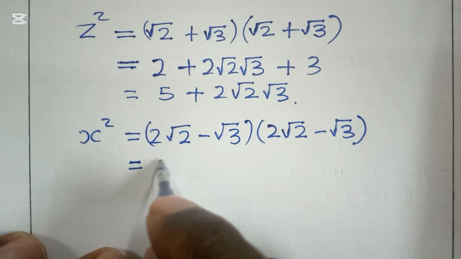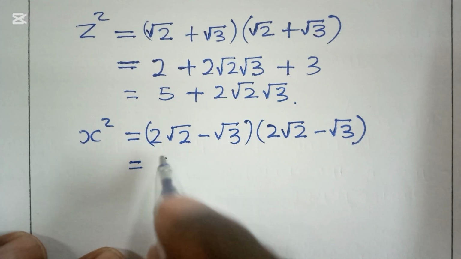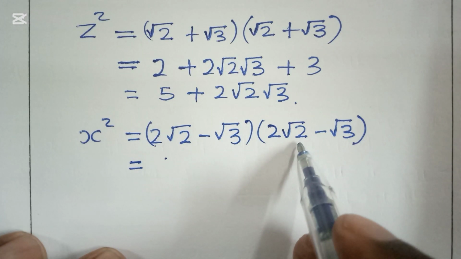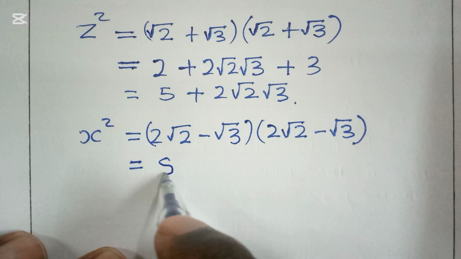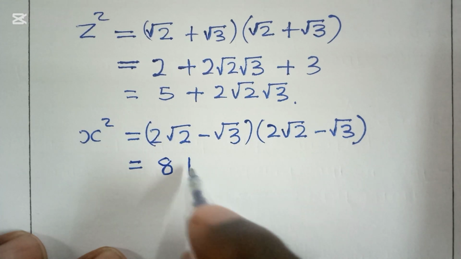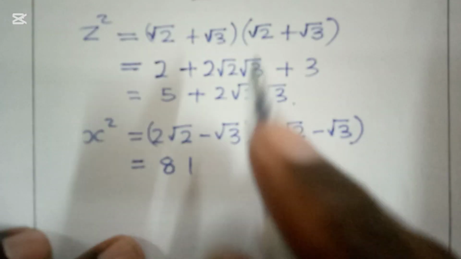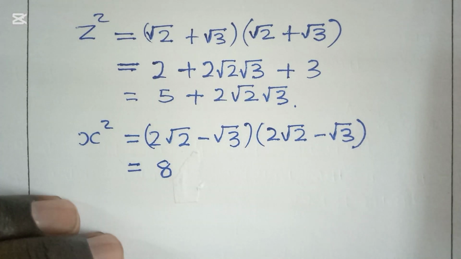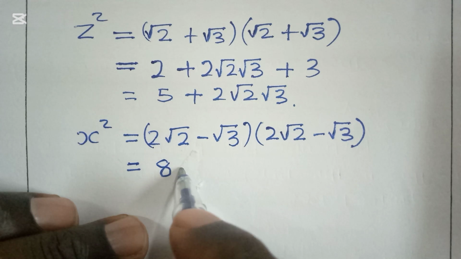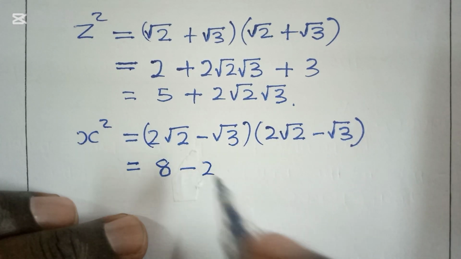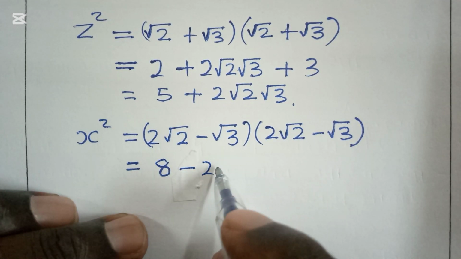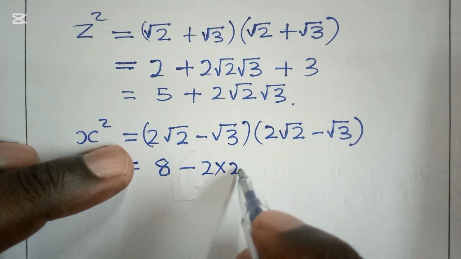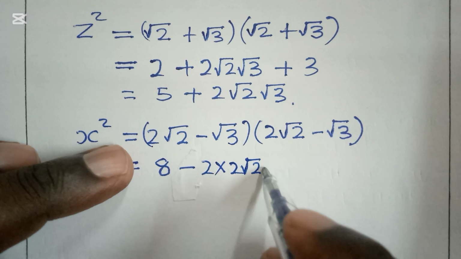That gives us 4 times 2, because 2 times 2 is 4, and square root of 2 multiplied by square root of 2 is 2. So this one gives us 8. And the next one is actually going to be minus 2, 2 square root of 2 square root of 3.